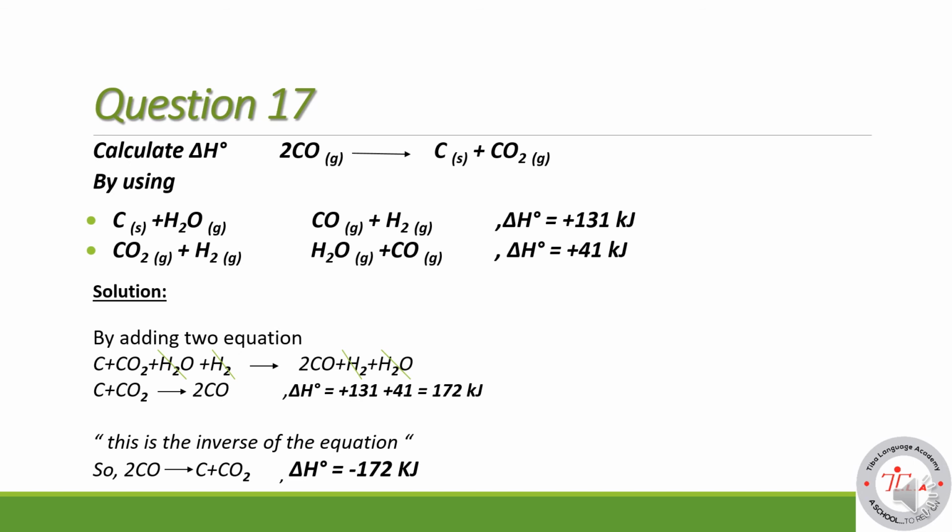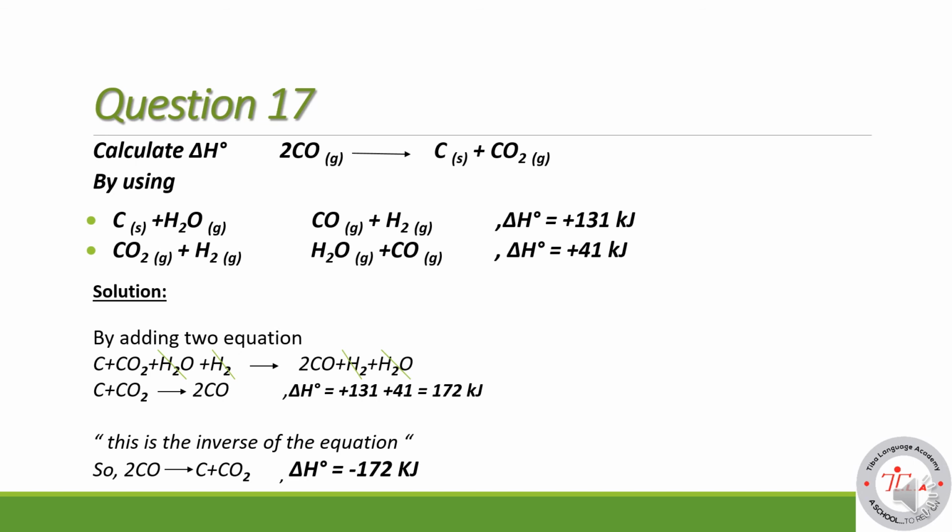By cancelling H2O and H2O, H2 and H2, the equation will be C plus CO2 forming 2CO. This is the inverse of the equation, if you notice. To get delta H, it will be delta H1 plus delta H2, positive 131 plus positive 41. It will be 172 kilojoule.